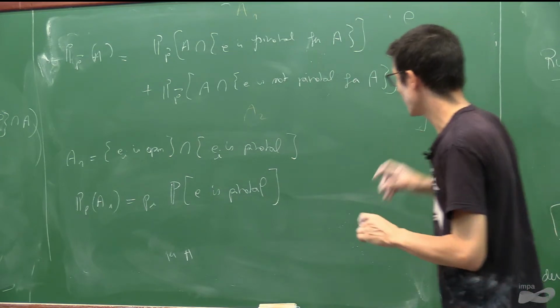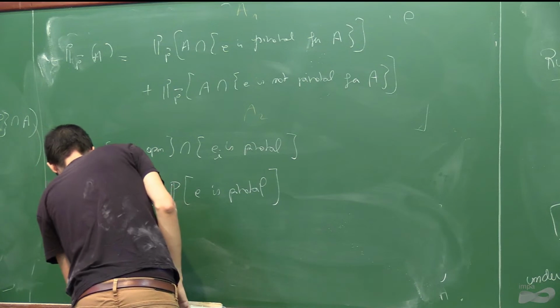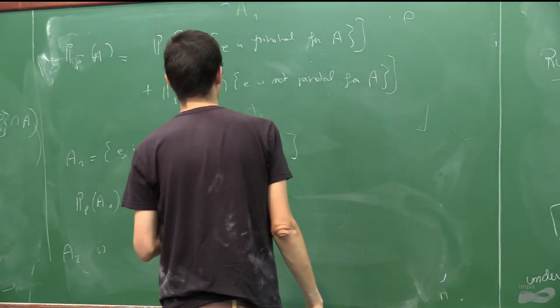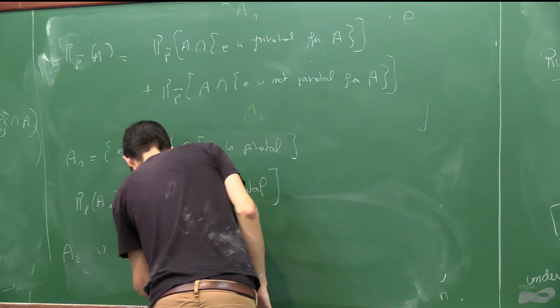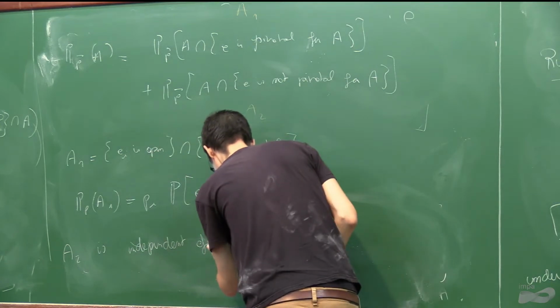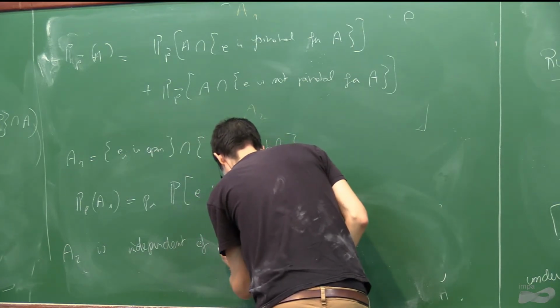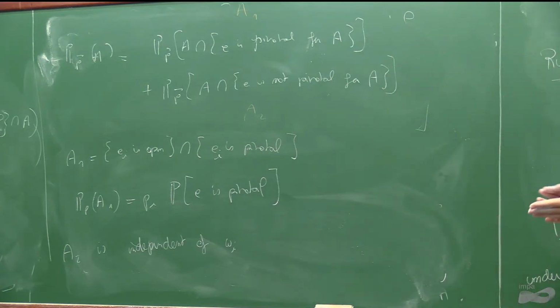And the second remark is that A2 is independent of omega_i.